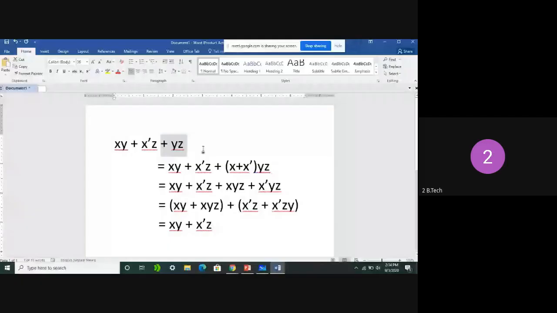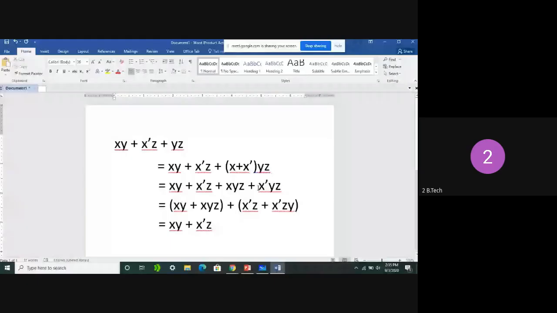After resolving this multiplication we have xyz plus x bar yz. Clear all of you? This apostrophe will be represented here as a bar, that is the complement of that particular variable.